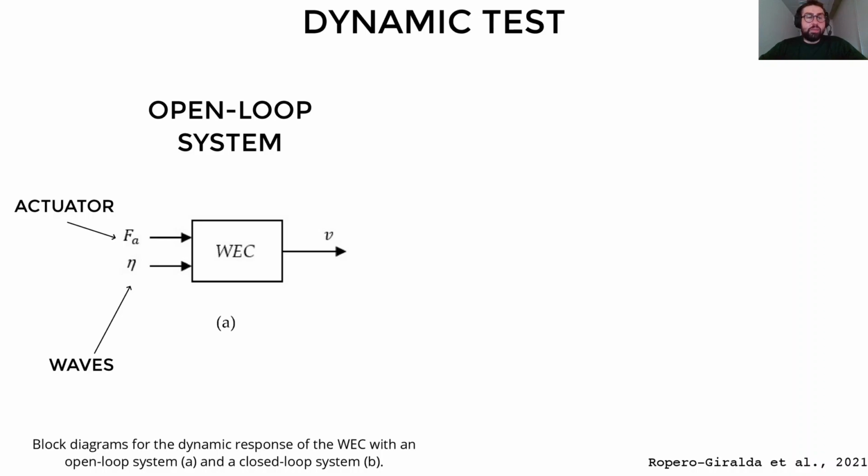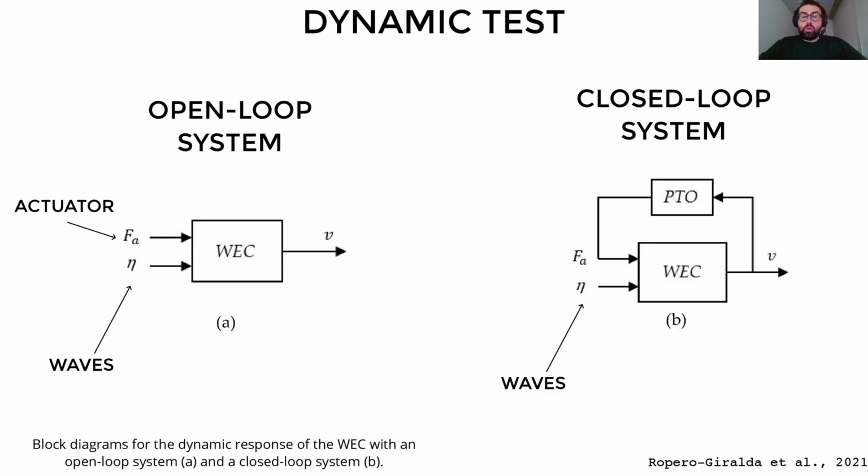This way we can define an open loop system, or we can have an internal perturbation, in this case given by the inner PTO system. This way we define closed loop systems.